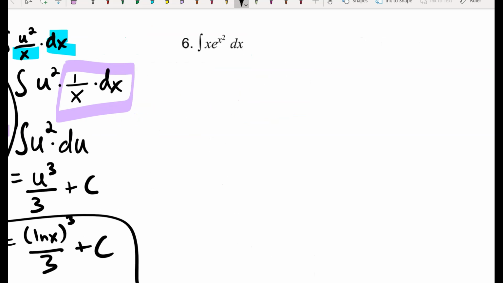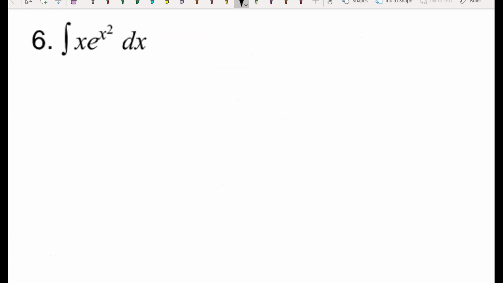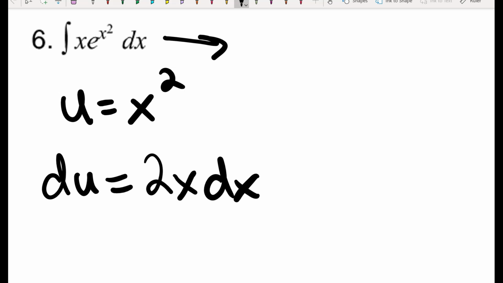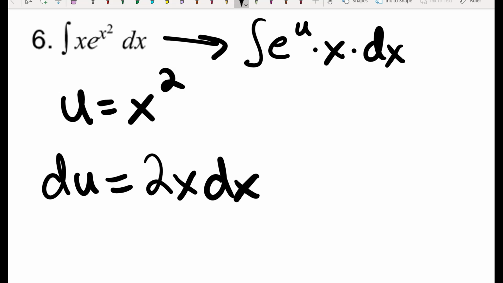For the last example, number 6, it looks like if I make u that exponent there, I would know how to work with e to the u. So I'm going to let u be equal to x squared. I'm going to take the derivative on both sides. The derivative of x squared is just 2x. I'm going to move dx over again. And look at what we have here. We've got the integral of, we've got an e to the u, we've got an x, and we've got a dx.